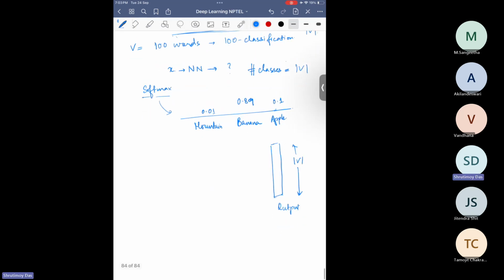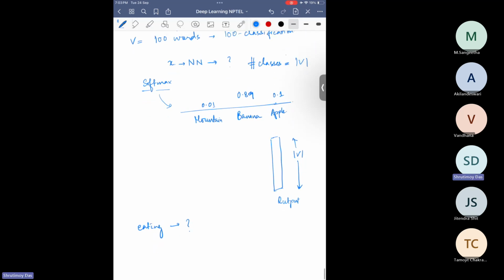We want that given eating, what should be the next word? So now I have this representation of eating here. Suppose I have a one hot representation: 0, 0, 0, 1, 0, 0, 0, 0. This is my one hot representation of eating.